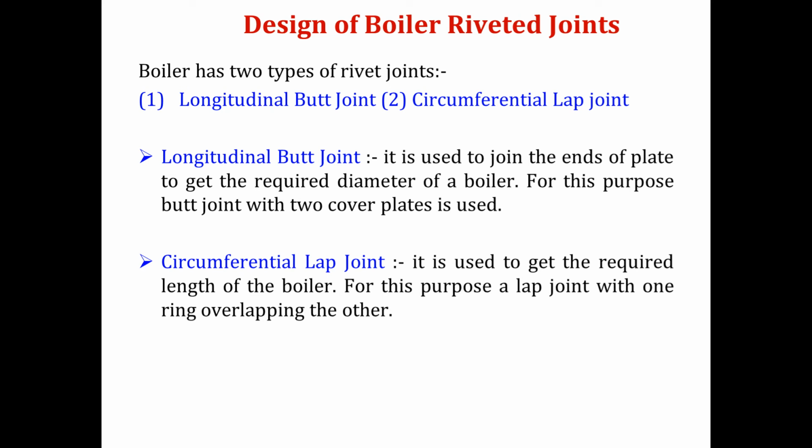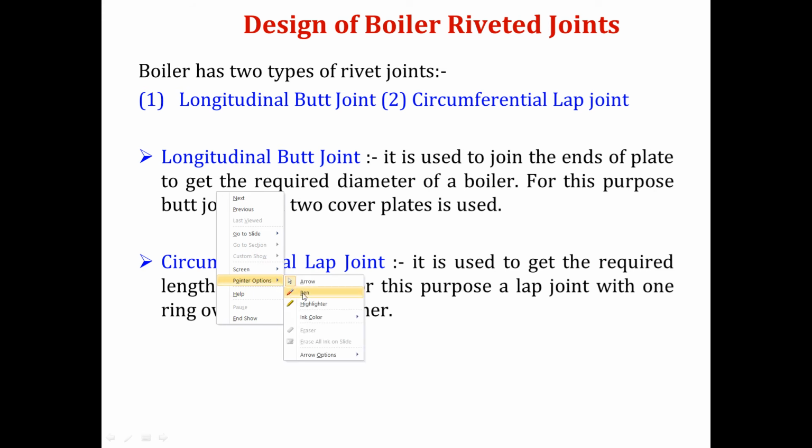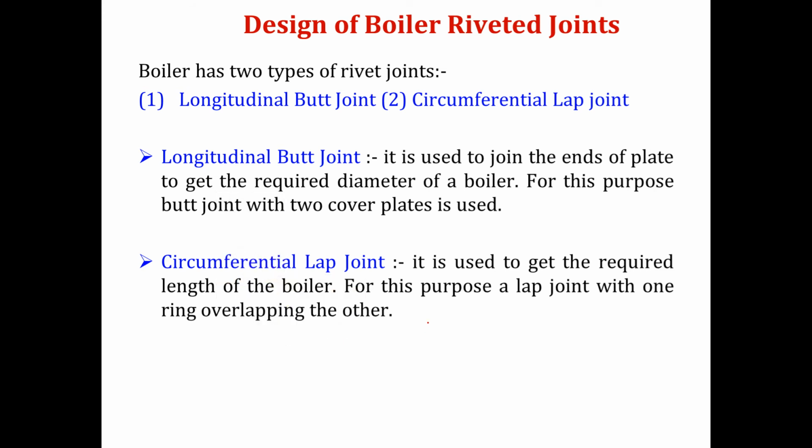Can you predict the shape of the boiler? How does a boiler look like? Sir, is it a hollow cylindrical shell? Yes, I can say that a boiler is cylindrical in shape like this. Yes or no?